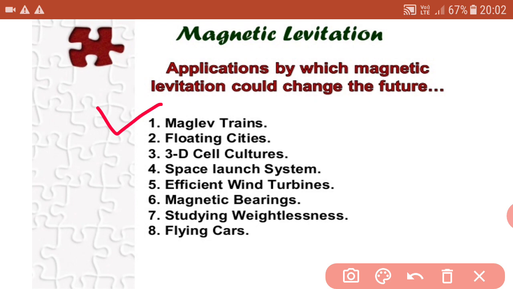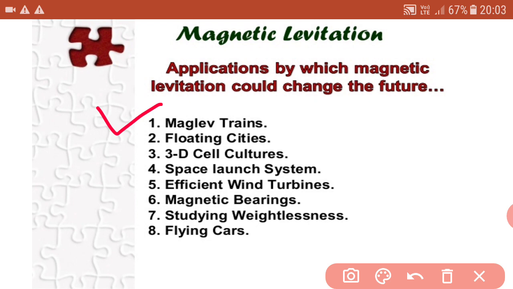Nowadays magnetic levitation is being used in ultra high speed trains. Ultra high speed means up to 300 km per hour, and they float in the air about 100 mm to 300 mm above the metallic track. It means there is a gap between the train and the track of 100 mm to 300 mm.